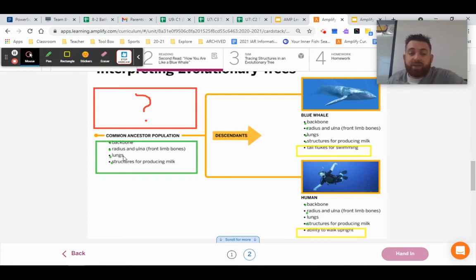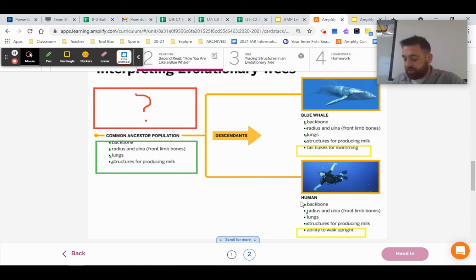So when we look at these trees, we read them left to right, knowing that the descendants always branch off of the common ancestor that we see here. We see that these organisms represent the full population and that they have some shared traits or body structures with one another that came from their common ancestor, some ancestor that passed those traits down to them. They also have their own unique traits that allow them to be very unique populations and species.